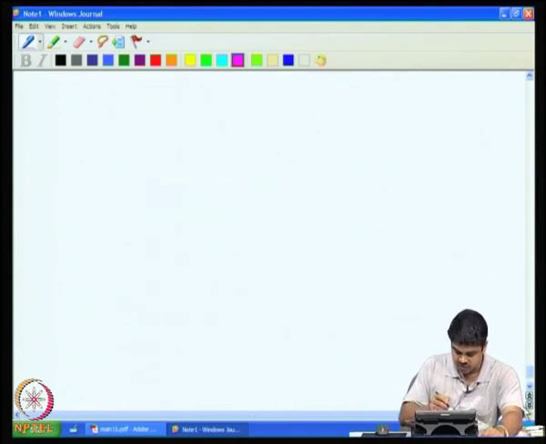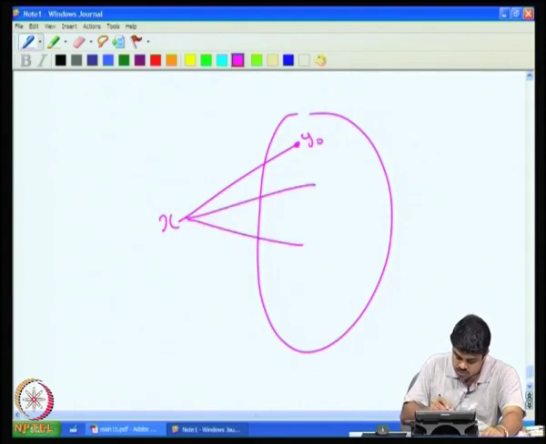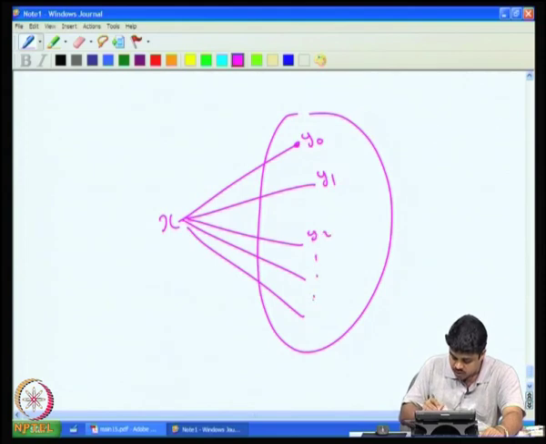and then say I can rearrange them. For instance, I can redraw the figure now like this. So this is x, this is y0, y1, this is y2 up to yk, and so on.